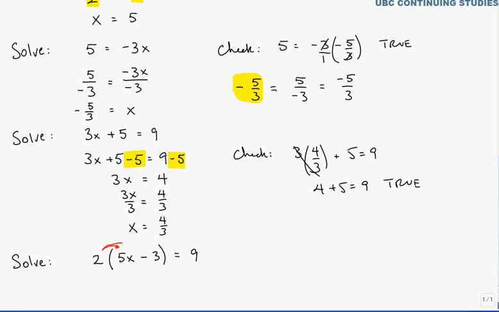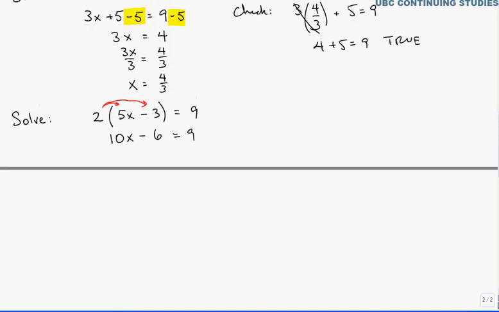So if we use the distributive law, which we learned a couple lessons ago, we can multiply the 2 by both of those expressions. We have 10x minus 6 equals 9.